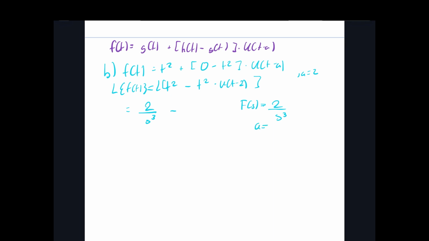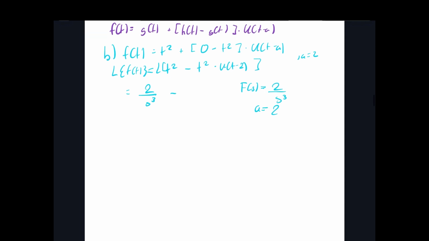My a equals 2. And since I have to factor that in with the formula, I have to multiply it by e to the negative 2s when I'm done.